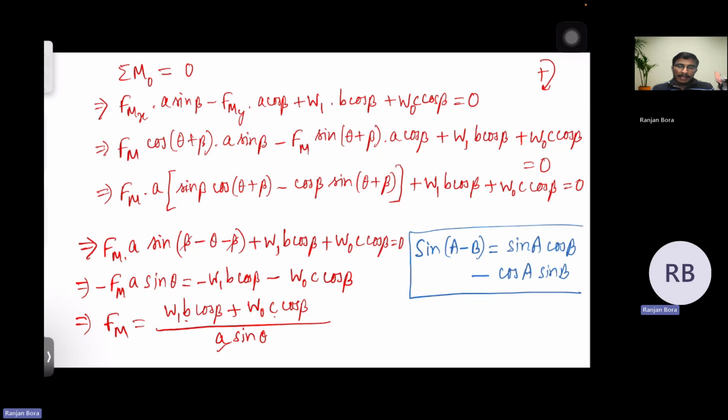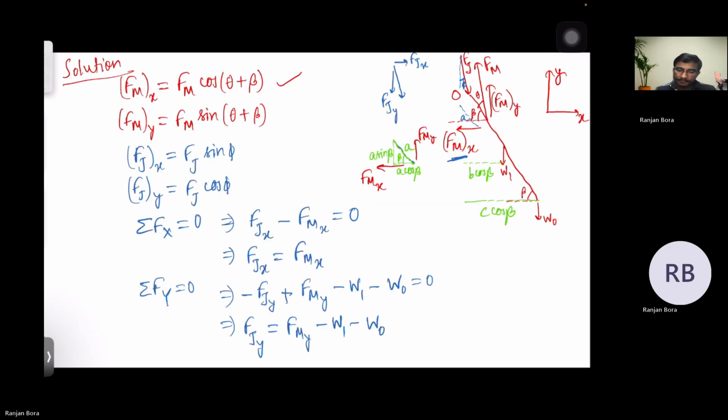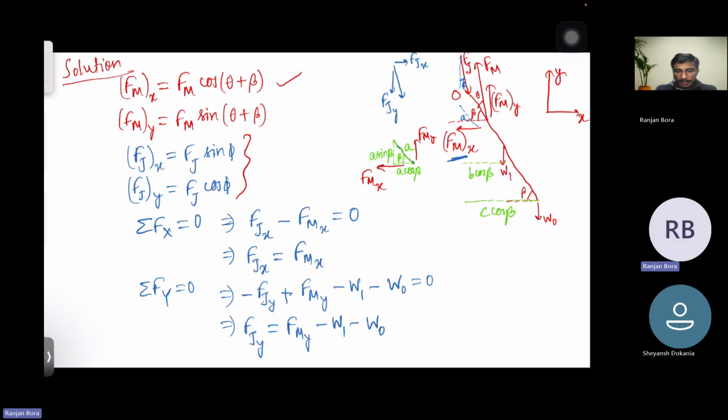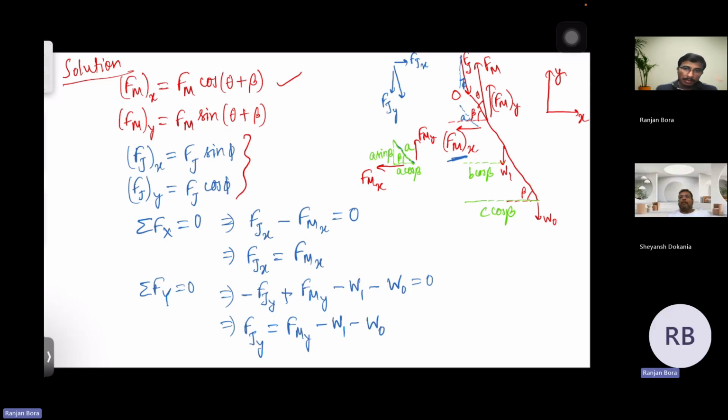Now we need to find the relation for Fj. We can use these two equations, Fjx equal to Fj sin phi and Fjy equal to Fj cos phi. Before that, we need to estimate the x and y components of this joint reaction force Fj using equation 1 and equation 2.